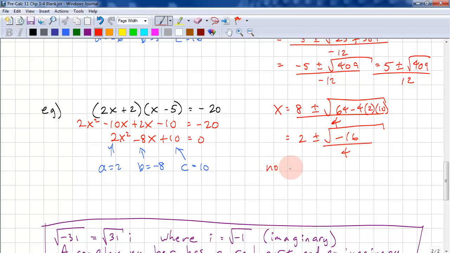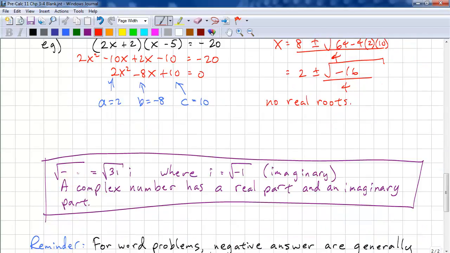So we have no real roots. Remember, the square root of negative 16 is no solution, so we say no real roots. So the square root of negative 16 equals the square root of 16 times i.